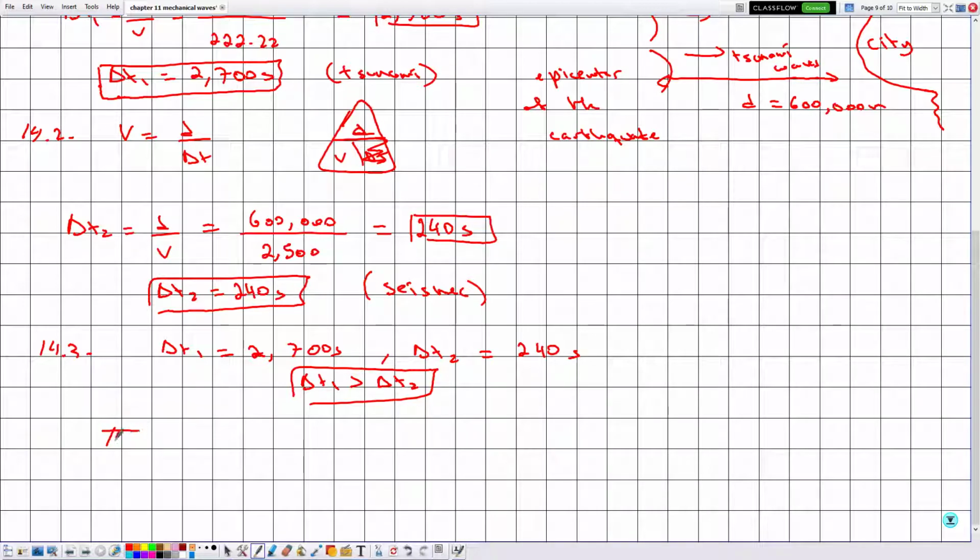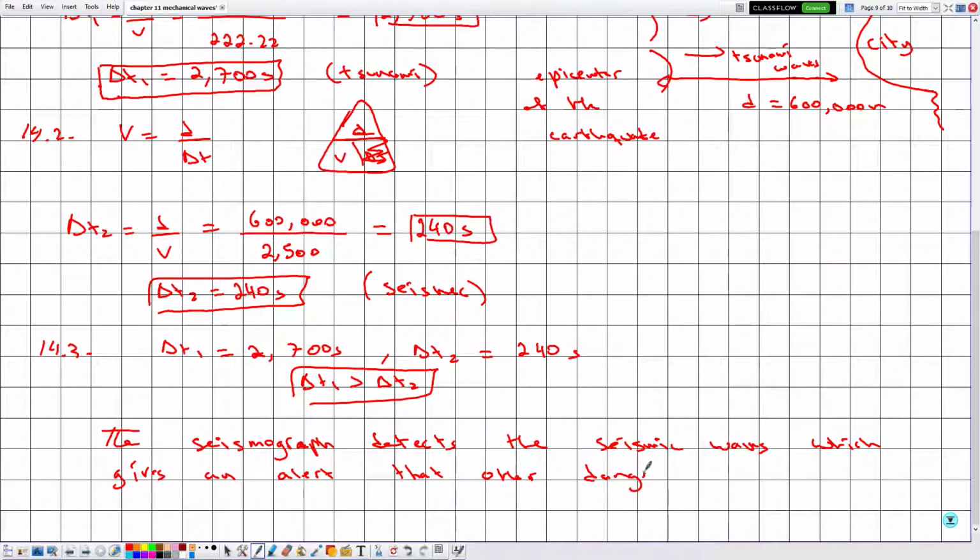Then here we can say that the seismograph detects the seismic wave, which gives an alert that other dangerous waves, and here I'm talking about the tsunami waves, may occur. Okay, so this is the importance of the seismograph.